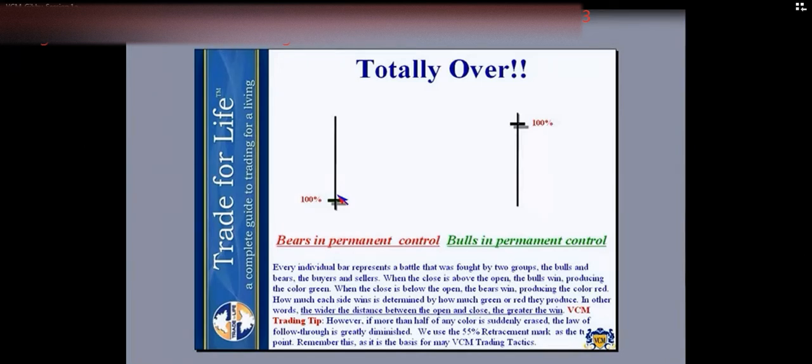A solid green bar, the Bulls are in control. And look what we just did. We took the solid green bar and in one fell swoop erased it and left behind this tail, which is really a solid red bar. You just did a complete flip in the current bar. That's why you think totally over, because you know this is a big red bar now. The Bears have the control, right? The Bulls took the red bar and flipped it. Solid green bar. They're in control.